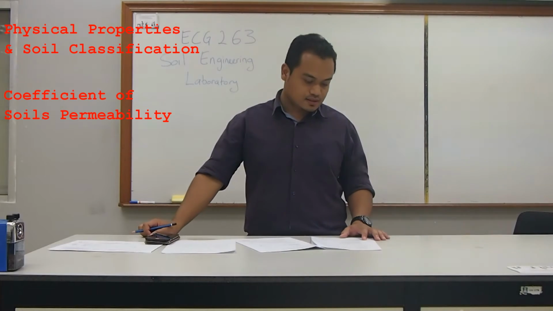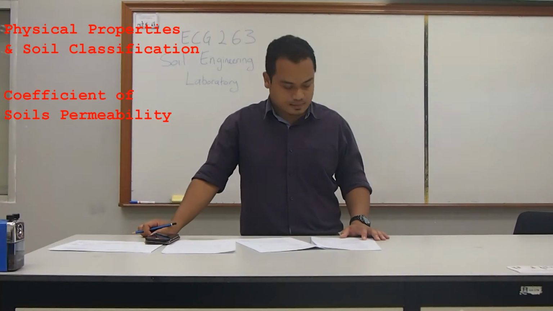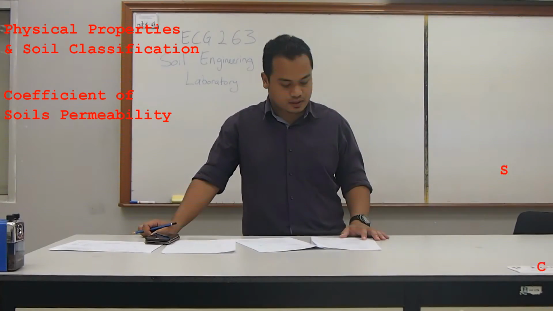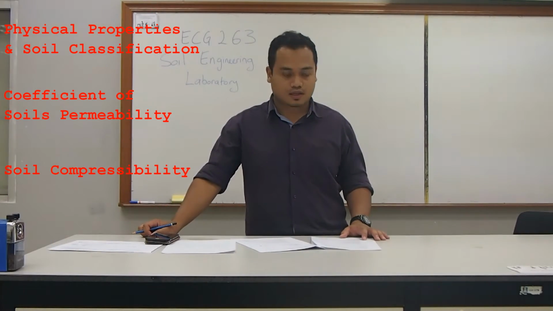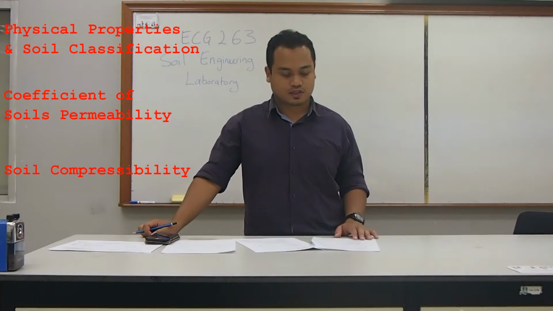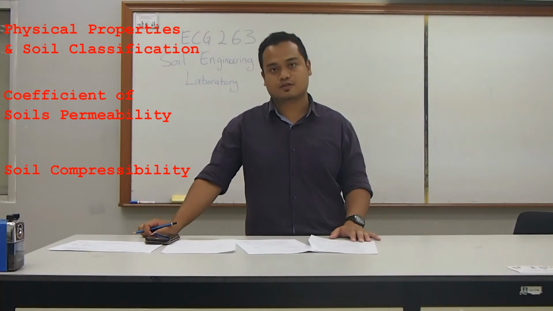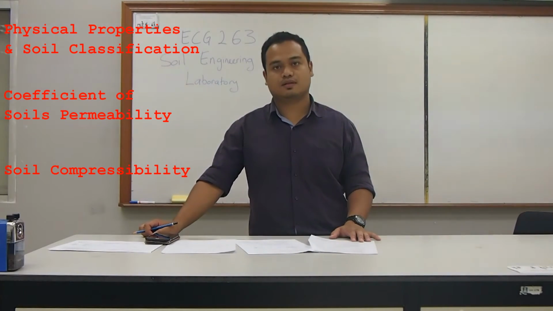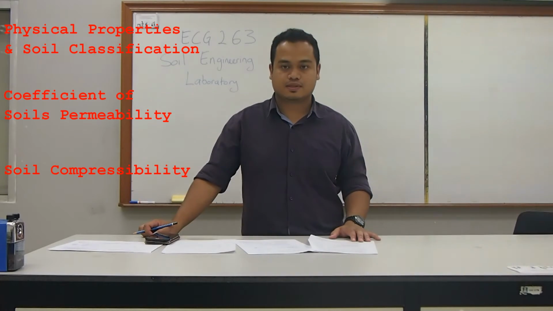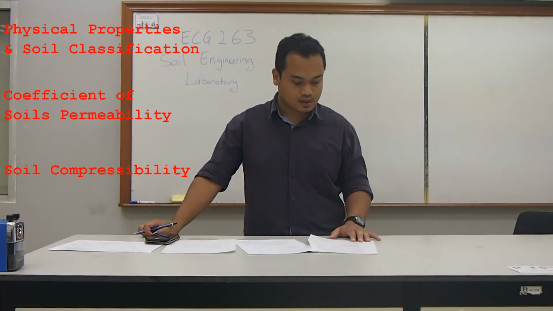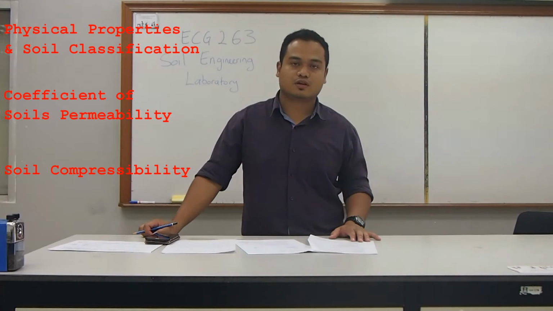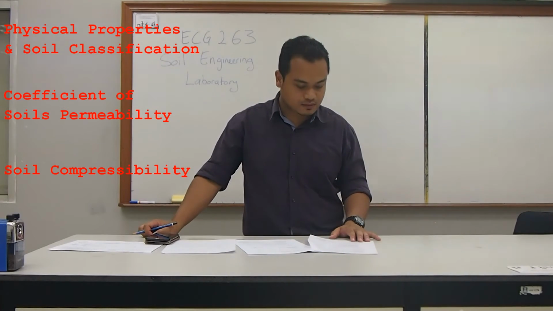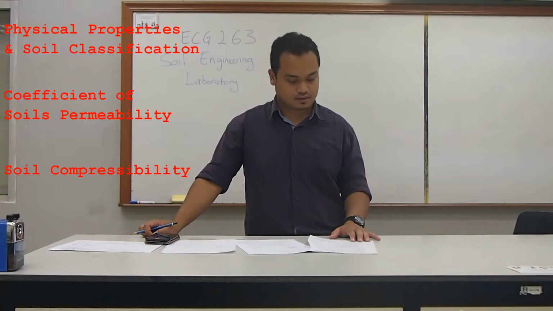The next subtopic in this laboratory activity is about the compressibility of soil. In this subtopic, you will be introduced to the Standard Proctor method to determine the soil compaction characteristics. And then you will also be introduced to on-site measurement of field density by means of the sand replacement method.